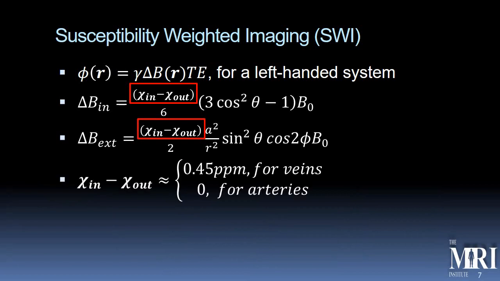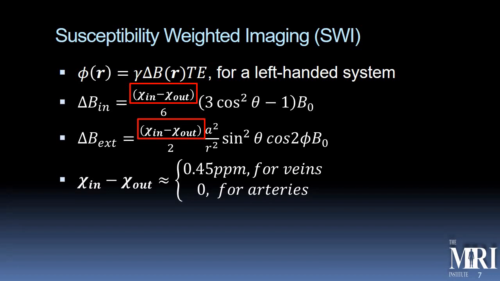For veins, the susceptibility difference is close to 0.45 ppm due to the deoxyhemoglobin in the venous blood. This is why there is rich information of the veins in the phase images. By combining phase with magnitude images, the contrast of the veins can be improved.